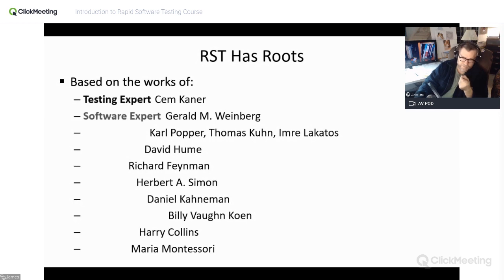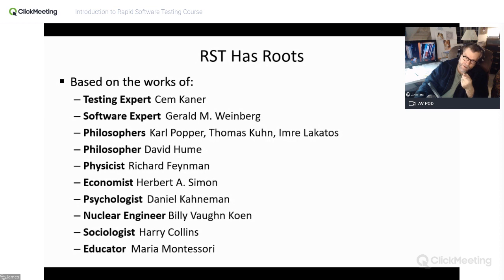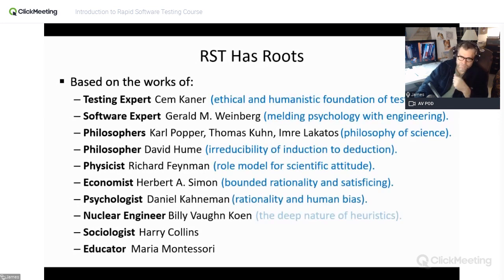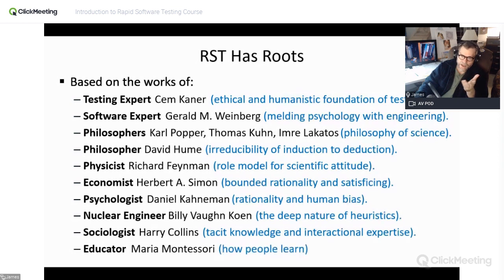Only one is, Kem Kainer. Gerald Weinberg is sort of a software expert, and the rest are people outside our field entirely: philosophers, physicists, an economist, a nuclear engineer, a sociologist. These people have all contributed something that created the groundwork that I built on for RST.